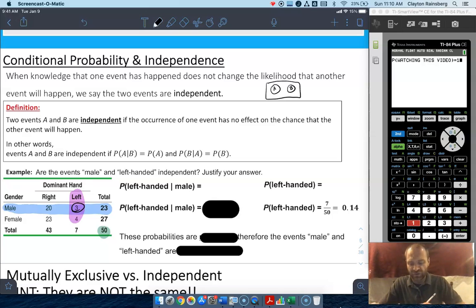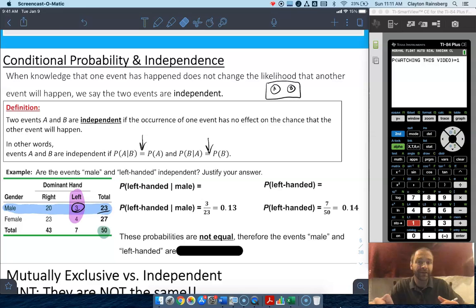Looks like 23. So 3 out of 23. 0.13. Man, those are really close. They are 0.13, and 0.14, man, I bet you they're really, really close. But close doesn't count. They have to be exactly the same no matter what. So these probabilities are not equal. So therefore, the events, male and left-handed, are not independent of each other.